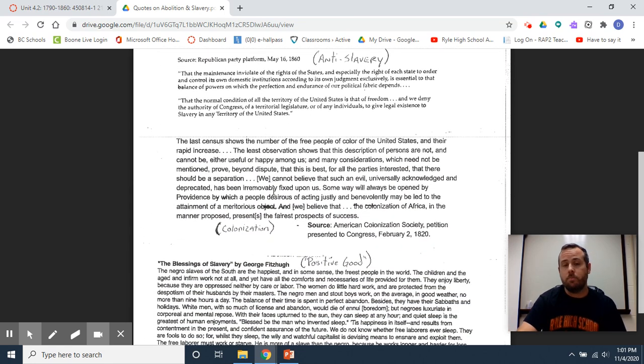However, many people in the North would not categorize themselves as abolitionists, but they would say they're anti-slavery. In this case, they're saying slavery is wrong. It's not preferred. They might even say it's not right. However, it is legal. It is protected by our Constitution.